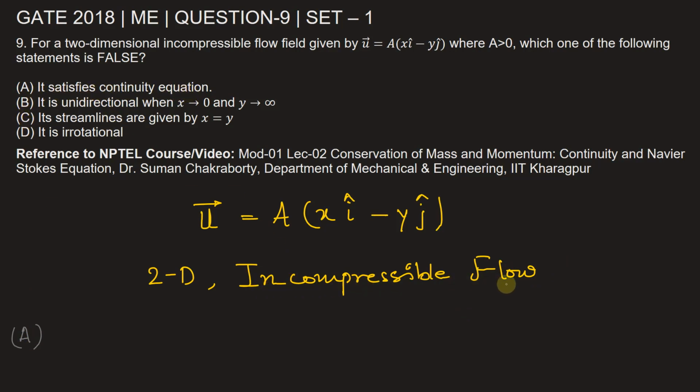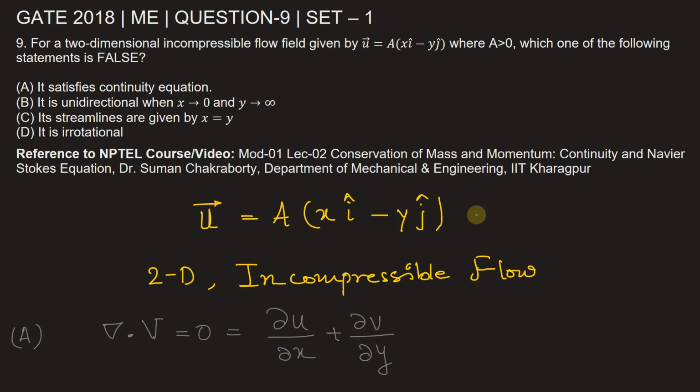Option A, it satisfies continuity equation. For 2D incompressible flow, the continuity equation is given by del dot v is equal to 0. That can also in partial derivative terms we can write dou u by dou x plus dou v by dou y.